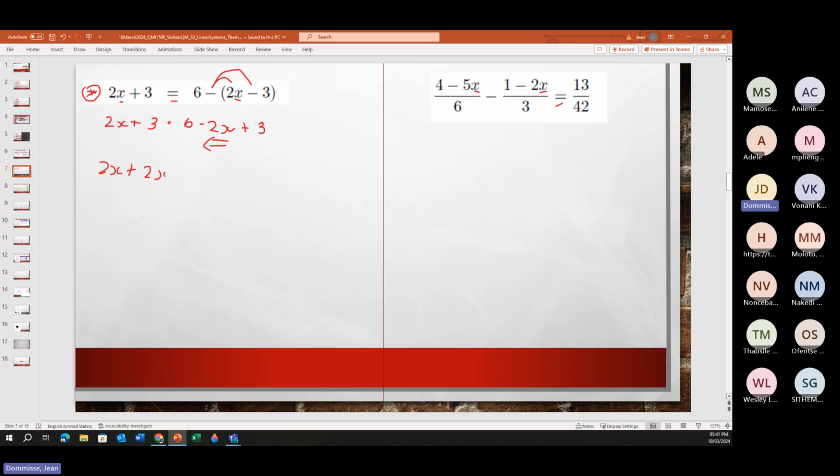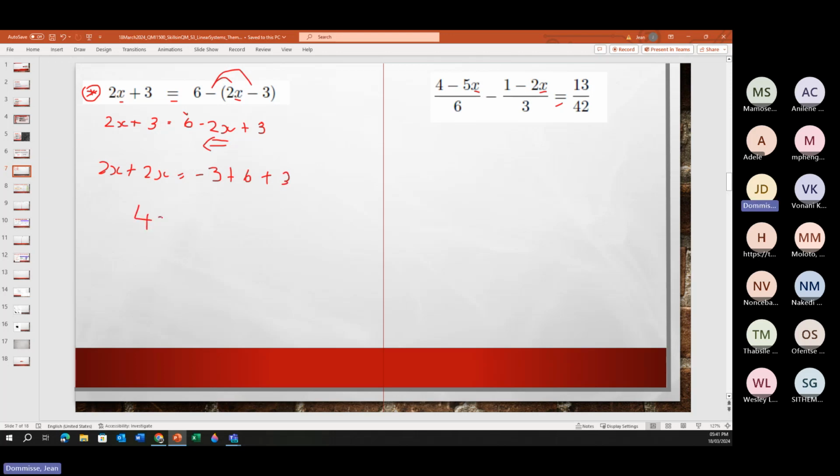And then on the right hand side, I want to get all the numbers. So the plus 3 on the left hand, if I take it over, will become minus 3. So we've got minus 3 plus 6 plus 3.